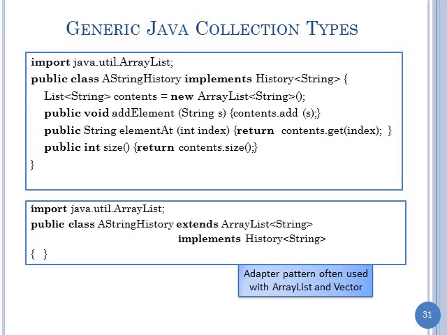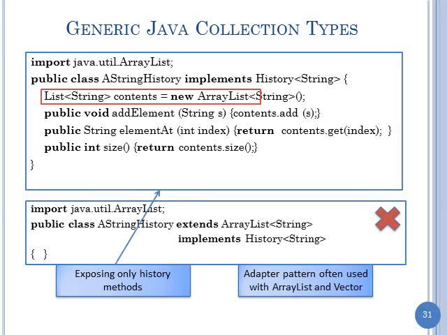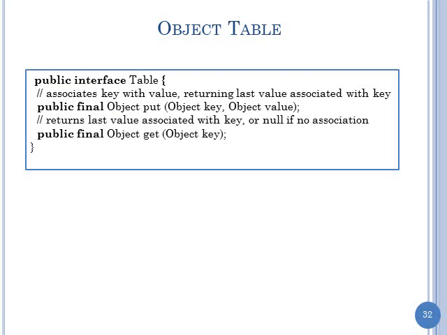But an adapter can have adaptive methods and it can have filtering methods where some methods are just not made visible. So this is not what you want to do. We are exposing only history methods in the first case, and in the second case it is.